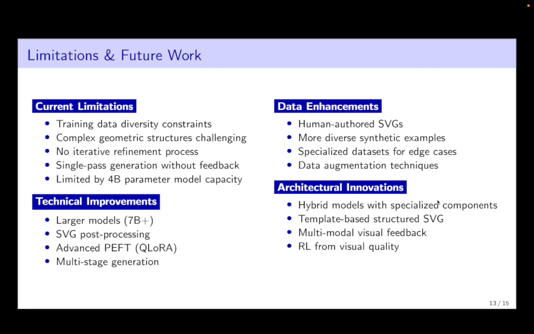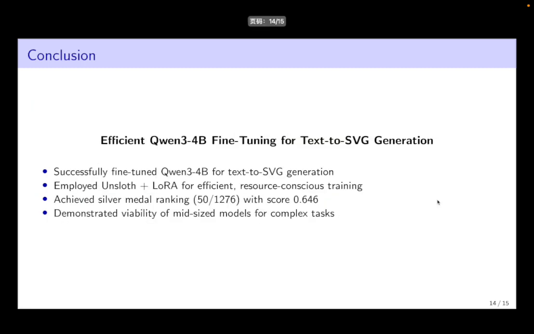Looking ahead, future work could involve exploring larger models, augmenting the training data with human-authored examples or more diverse synthetic ones, experimenting with advanced PEFT methods beyond LoRA, or implementing post-processing steps to refine the generated SVG code.